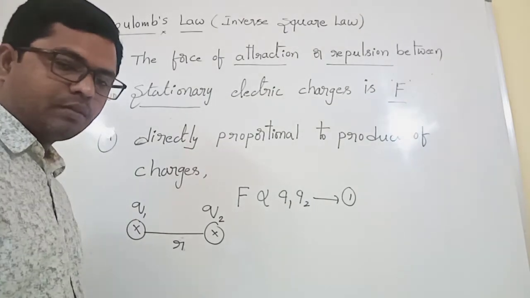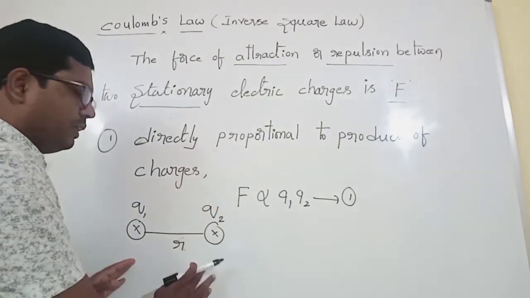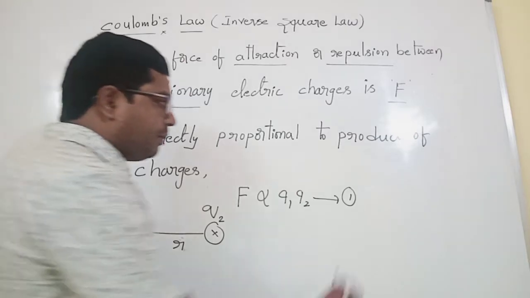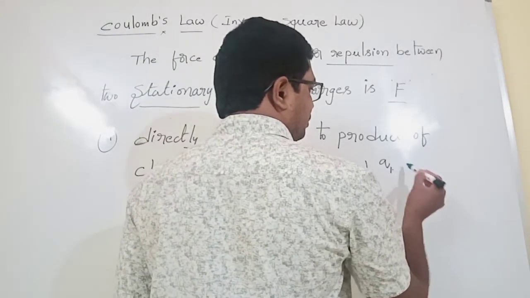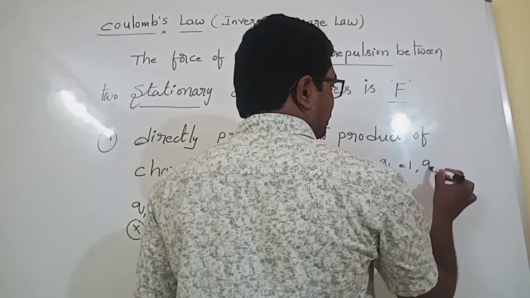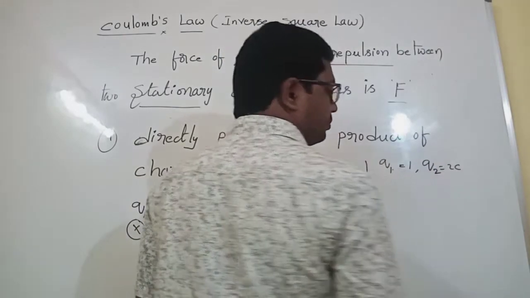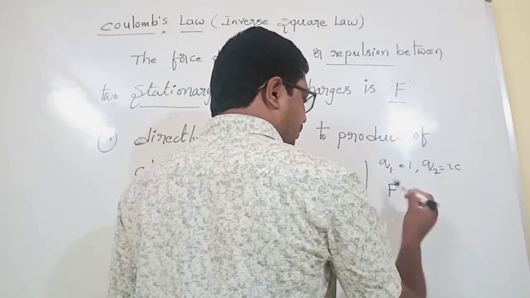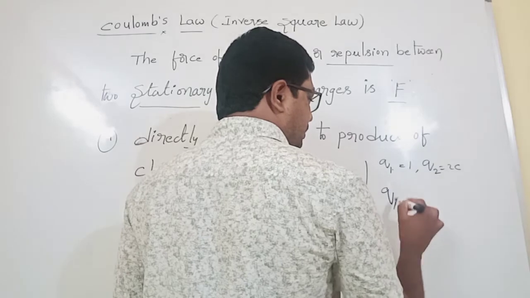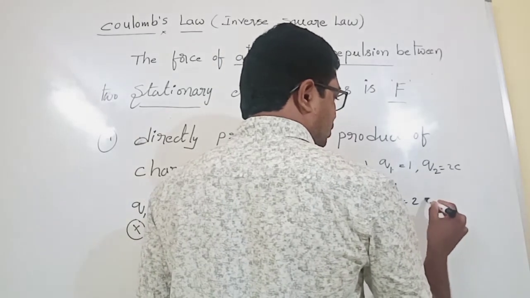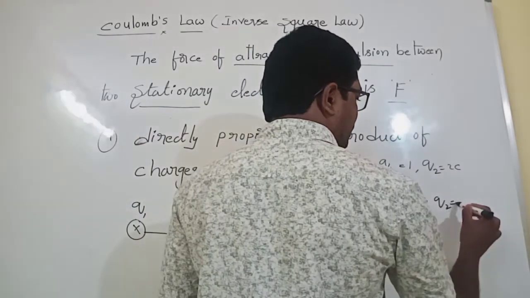I am not changing the distance; I am conducting a small experiment. In that experiment, Q1 is equal to 1 coulomb and Q2 is equal to 2 coulombs, and the force between them is F. This time Q1 dash is equal to 2 coulombs and Q2 dash is equal to 3 coulombs.